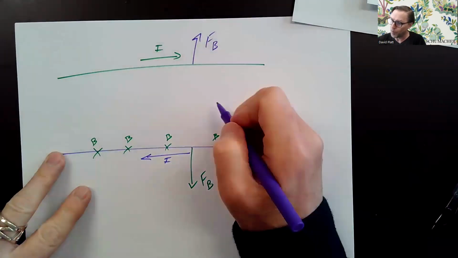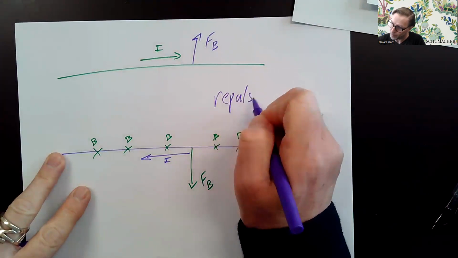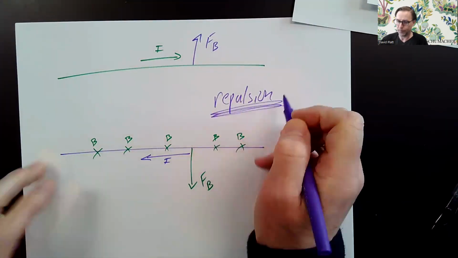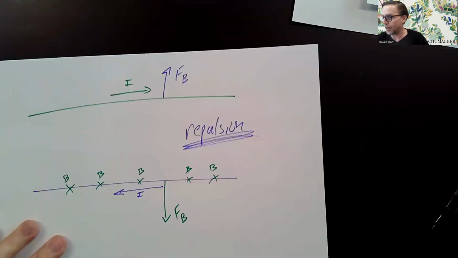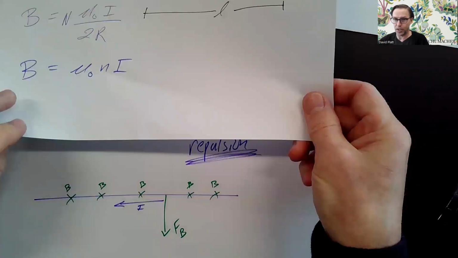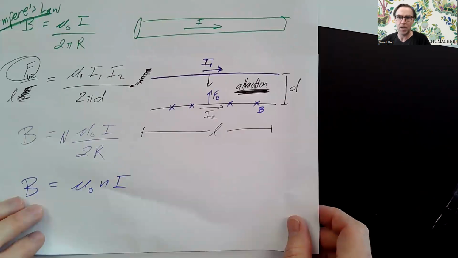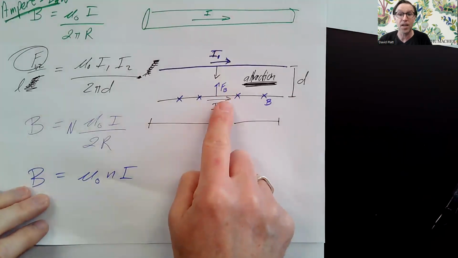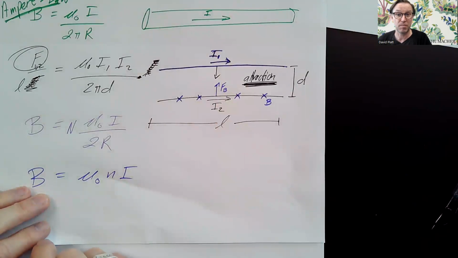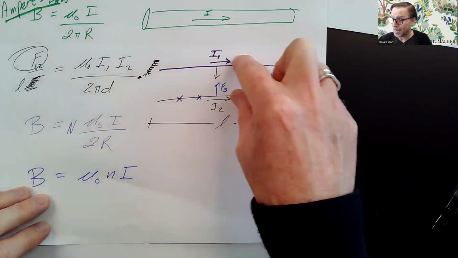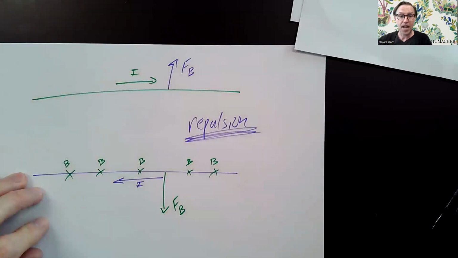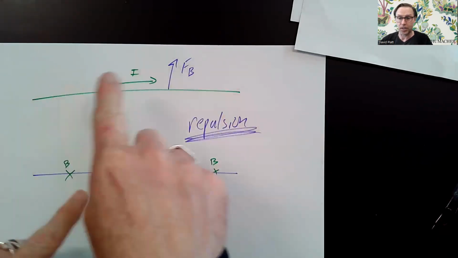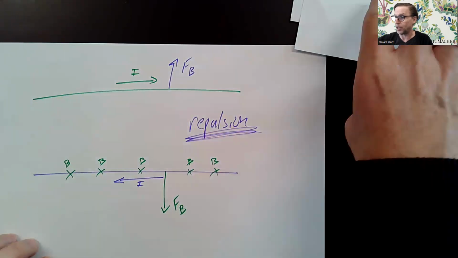And we're going to call that repulsion. So there we have it. When we have two parallel wires, both with current, if the current's in the same direction, the wires attract each other. And if the current is in opposite directions, the wires repel each other.